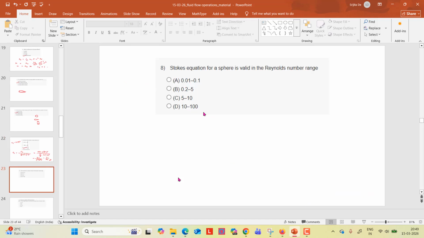Next. Stokes equation for a sphere is valid in the Reynolds number range of less than 0.1. So Re has to be less than 1.